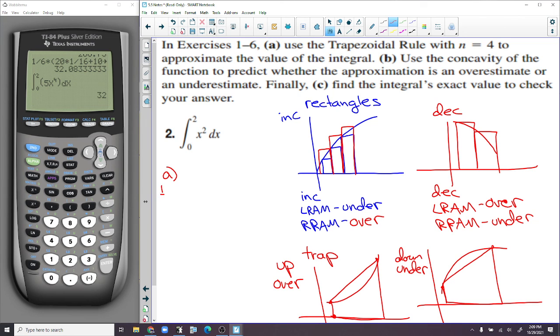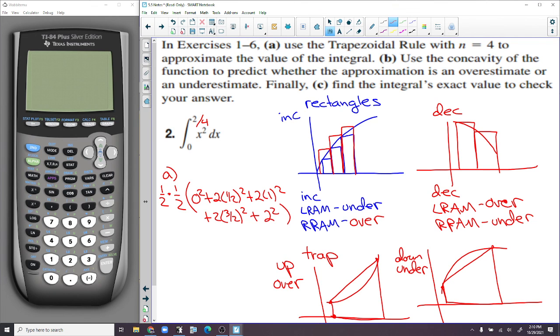That's going to be, first of all, a half. And then if I'm going 0 to 2 with 4 subintervals, I'm going by a half each time. And now I need the first value plugged in. That'll be 0 squared. And then 2 times a half squared. Plus 2 times 1 squared. So that's 0, 1 half, 2 halves, 3 halves, plus 2 times 3 halves squared. And then finally, we don't double the last one, and that'll be the 2 squared, like that.